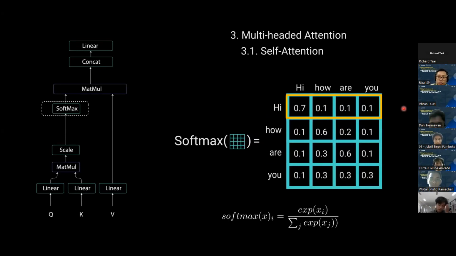So we can see that although in the beginning, "how are you" has very small value and "hi" has the highest value, this kind of function makes "hi" become larger, but also keeps the values of "how", "r", and "u".